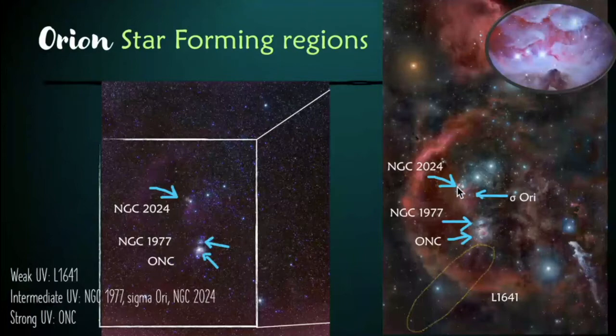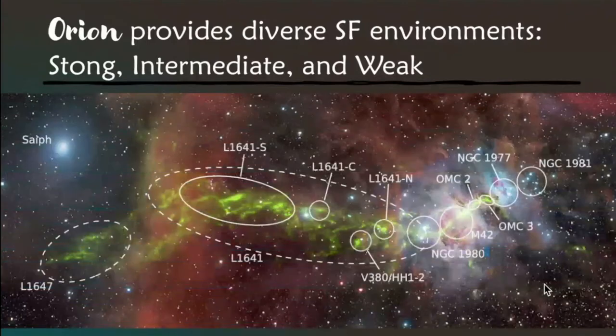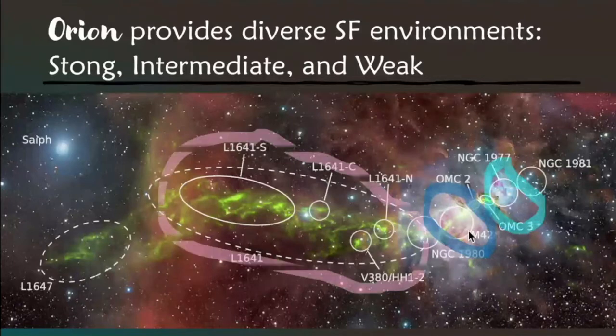These are the places where we see photoevaporating disks observationally. I did not include H1641 because I knew it was going to be covered by a book, but this provides a pretty weak environment. So ONC M42 provides strong, NGC 1977 intermediate, and H1641 a weak radiation environment.